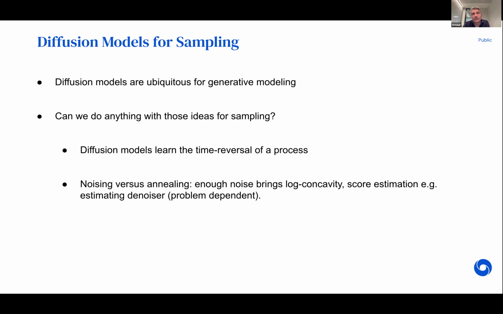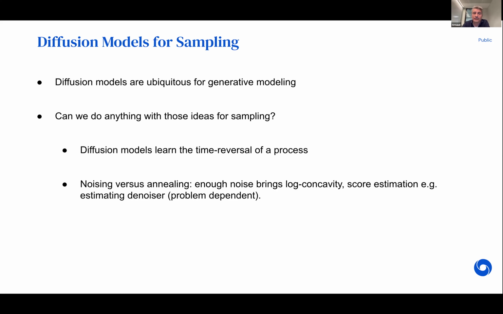Whereas Monte Carlo sampling is a very different problem, it was tempting to see whether we could use some of the ideas which had been developed in this context in the Monte Carlo sampling framework. One thing I learned by starting to work on this literature is that the great thing about diffusion models is that, if I give you a stochastic process, a diffusion, it's a way to learn an approximation of the time reversal of this process.